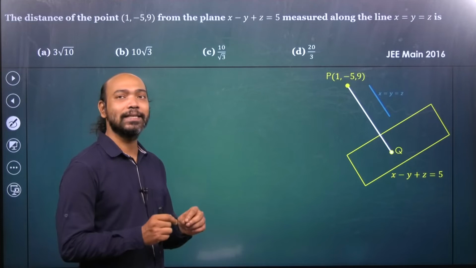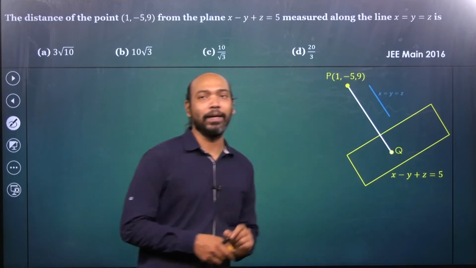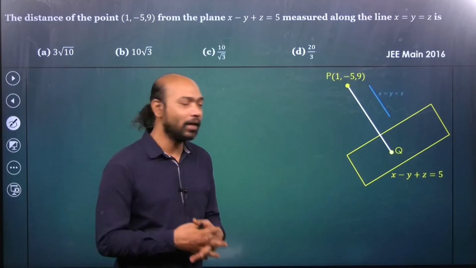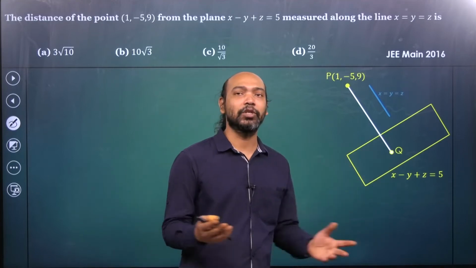The first option is to look for the equation of PQ. If we are able to find the equation of PQ, then we can find the point of intersection of a plane and a straight line.